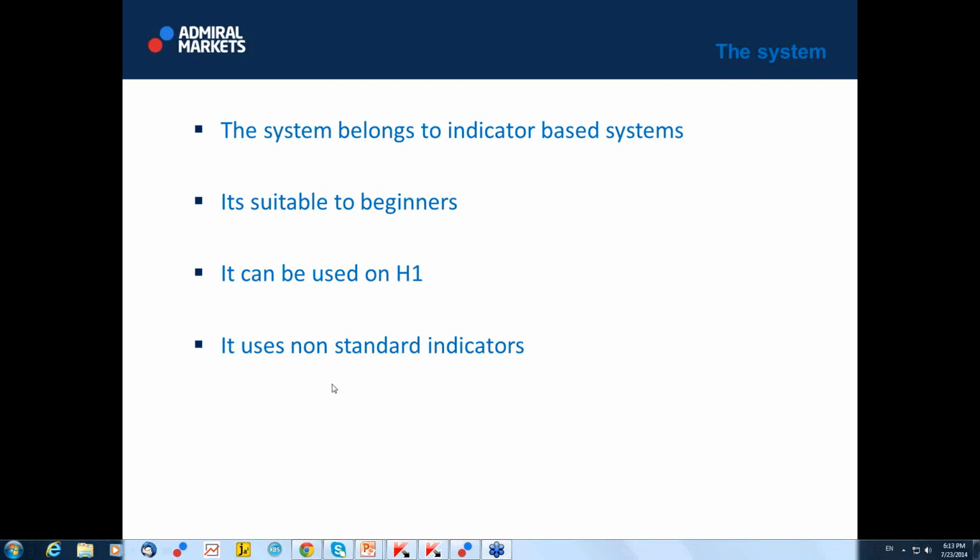Those creators who are making those non-standard indicators, they're mostly based on standard ones, and I can usually tell which indicators they have in their core, although they change their names. So usually suitable for beginners, 1 hour time frame, non-standard indicators.